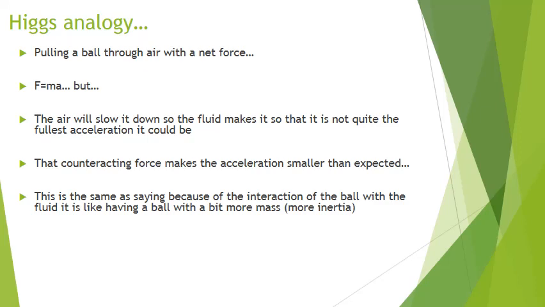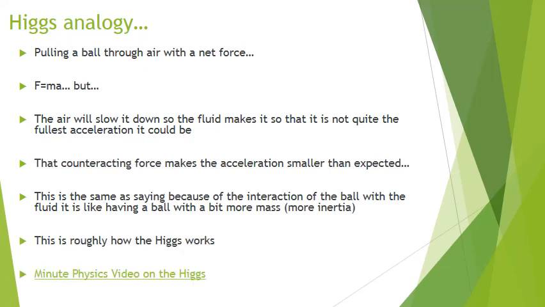It would have more inertia, right? So that ball, as it goes through the air, would have some of that air resistance, but it's just like if we had no air resistance with a little bit more mass. That's roughly how the Higgs works.